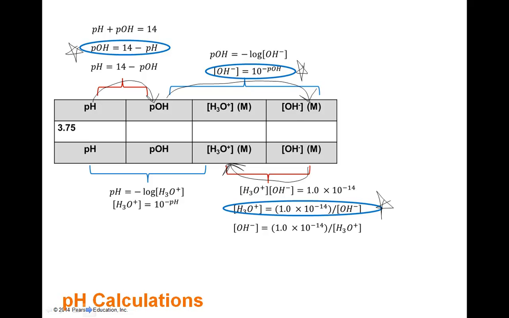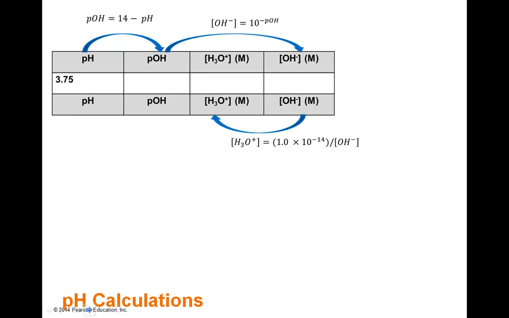So let's do this one. So just to give myself a little more room, I rewrote this but only showed you the ones that we're going to be using. So first off, pOH equals 14 minus our pH. And our pH in this instance is 3.75. And in our answer, we're just going to keep the same number of sig figs.